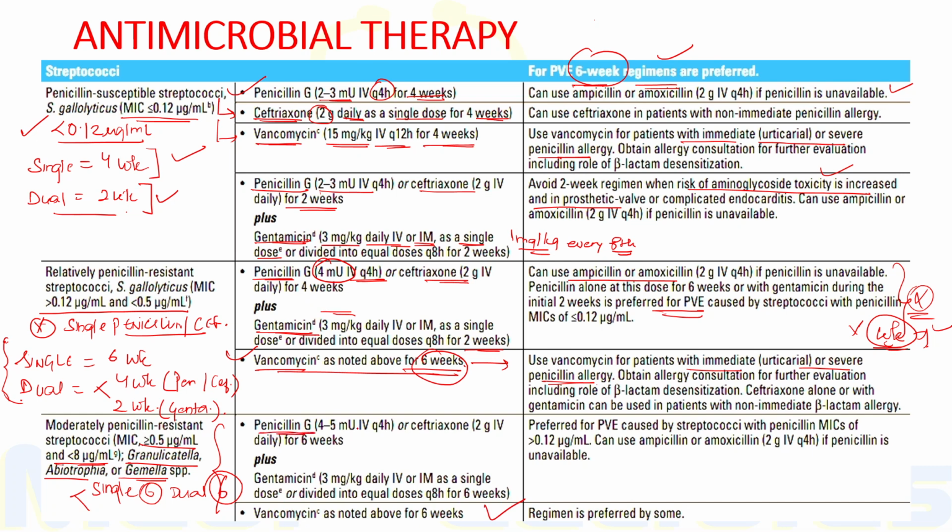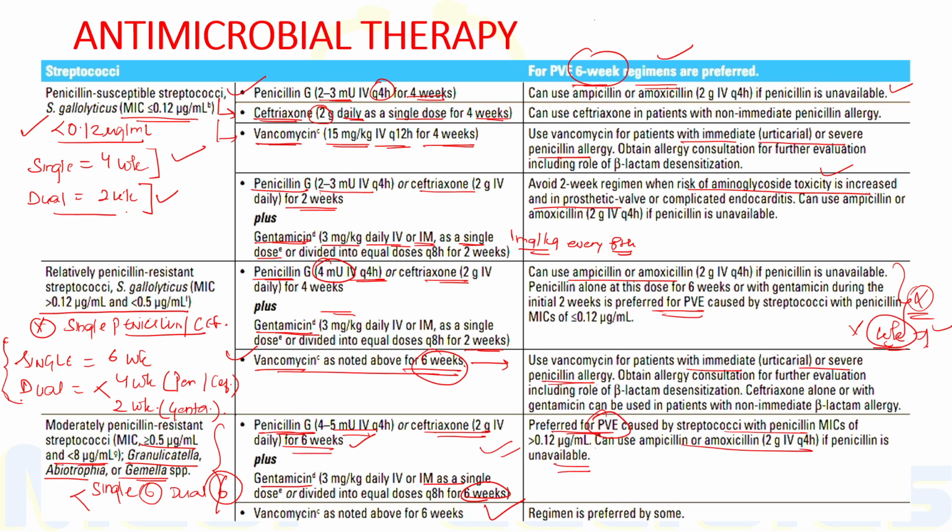In dual drug we can give penicillin G. Now the dose has further increased to 4 to 5 million international units every 4 hours. Ceftriaxone in the same dose for 6 weeks. But in this case gentamicin will also be given for 6 weeks. Till now we have discussed that gentamicin was being given for 2 weeks, but now we are giving gentamicin also for 6 weeks. This regimen will be preferred for prosthetic valve endocarditis with MIC 0.12 to 0.5, and this will be continued for 6 weeks in that case.